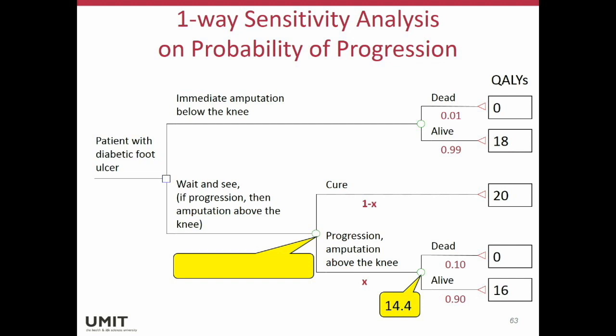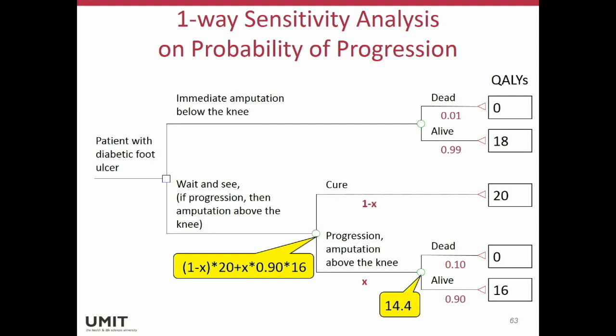(1 minus x) times 20 plus, I would say x times 14.4, just to make it clear how we did it. But then you turn the things around, and yes, that is what happens: 1 minus x times 20 plus x times this other number.